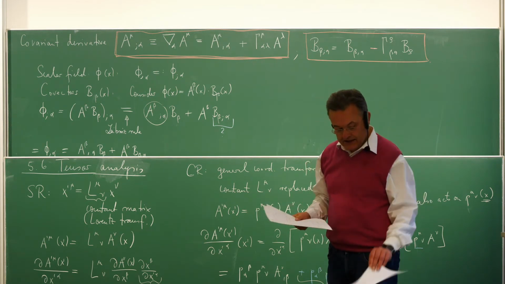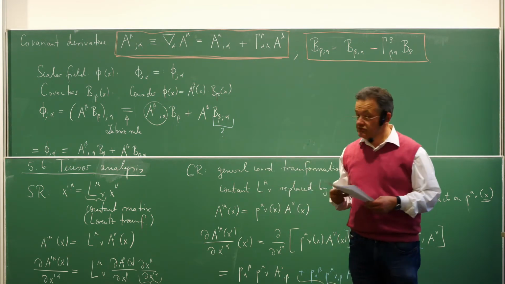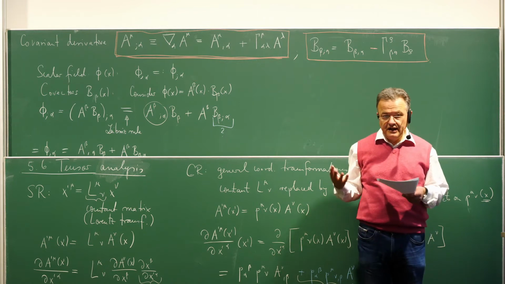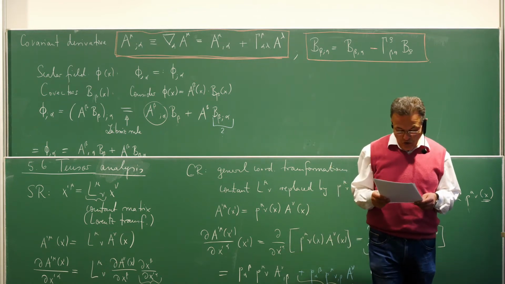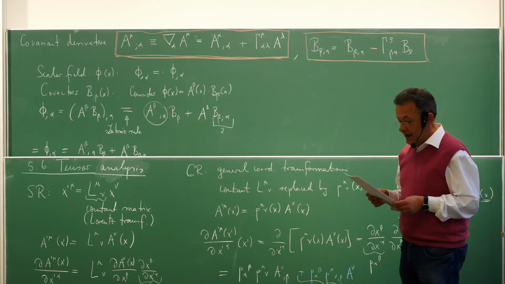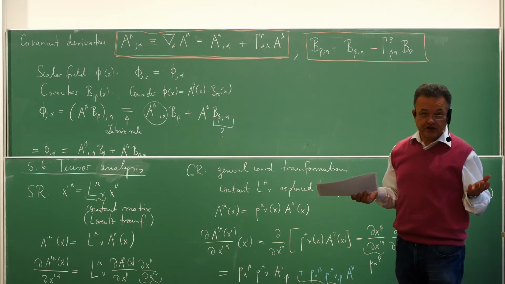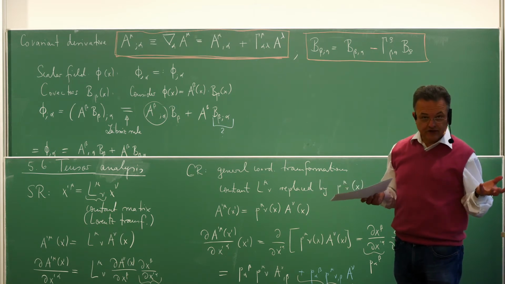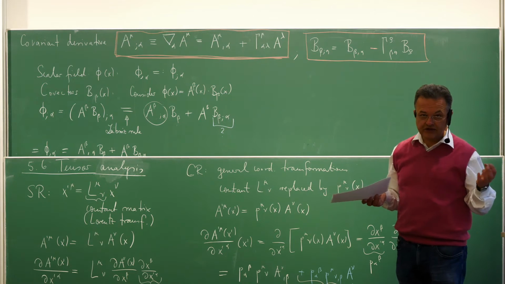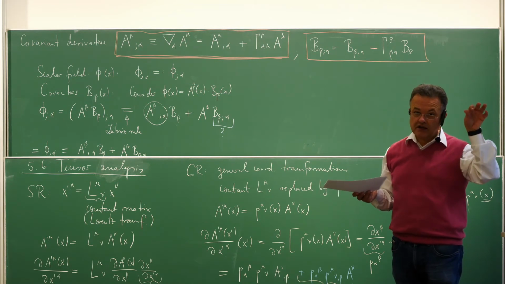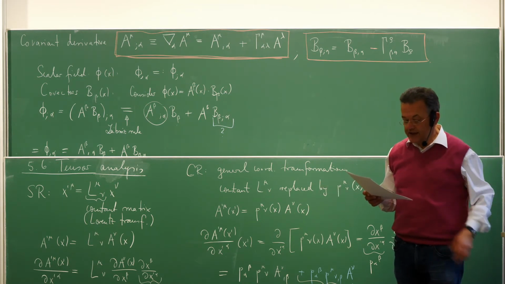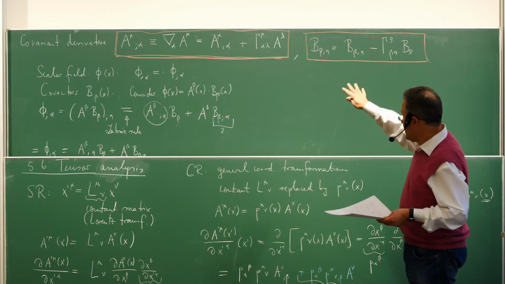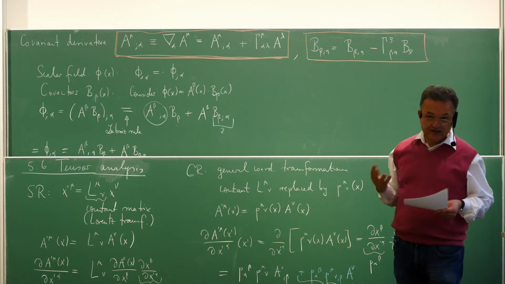So we have now the covariant derivative of scalar, vector, and covector, and naturally we can extend this definition to a general tensor field. A general tensor field that has a certain number of upper and a certain number of lower indices, and we apply these rules to each index separately.